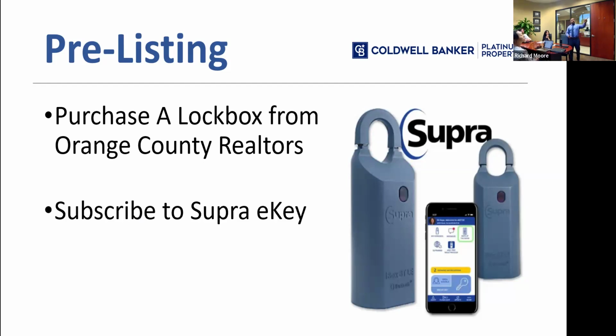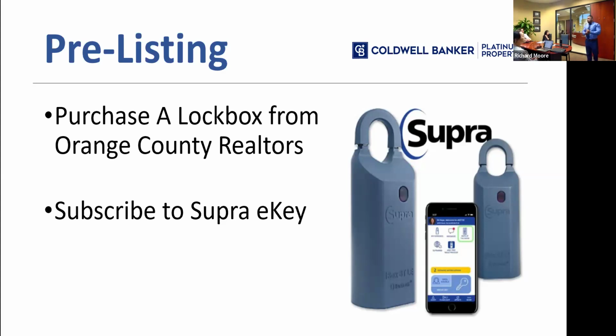And then also subscribe to Super E-Key. So when you guys sign up with the board, that's one of the things that they tell you to sign up for, or give you the option to sign up for, is Super E-Key. And this is what it looks like on your phone next to the lockboxes here. So that's how you open the lockbox. This E-Key opens the shackle, see the round part on top?